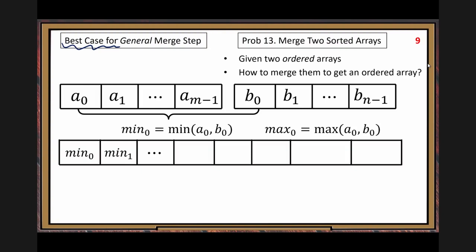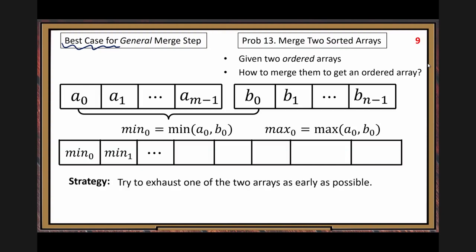First, let's see which situation corresponds to the best case. The strategy is to try to exhaust one of the two arrays as early as possible. You complete the process and put them in place.